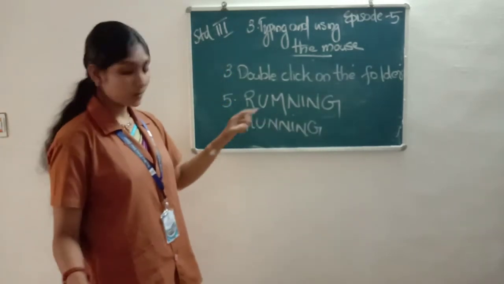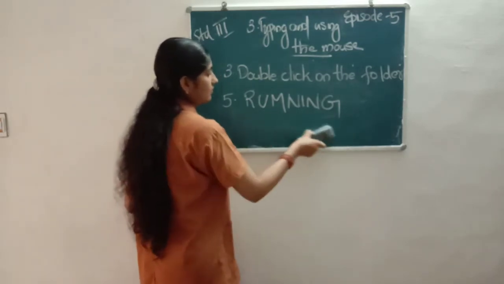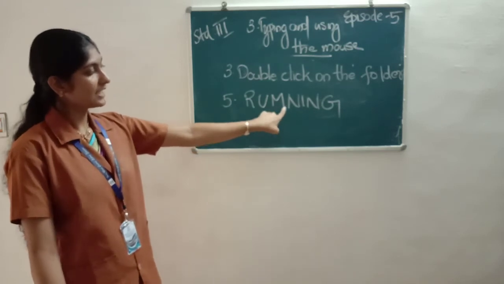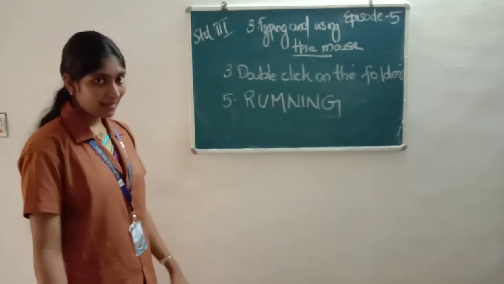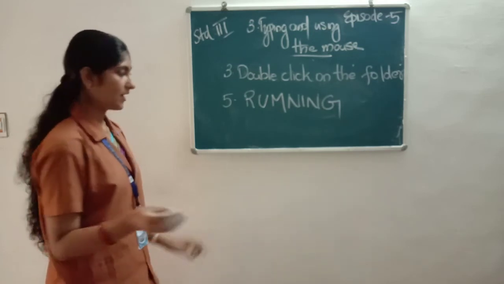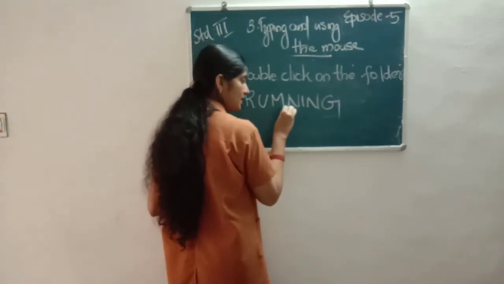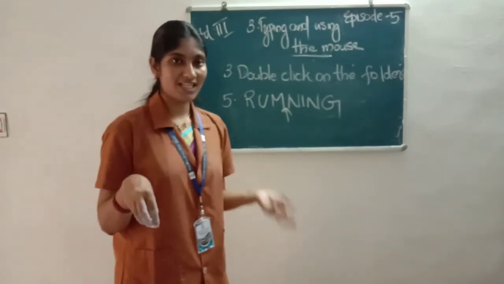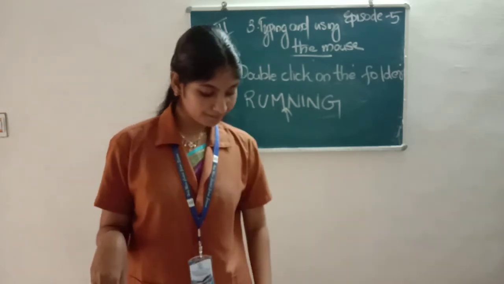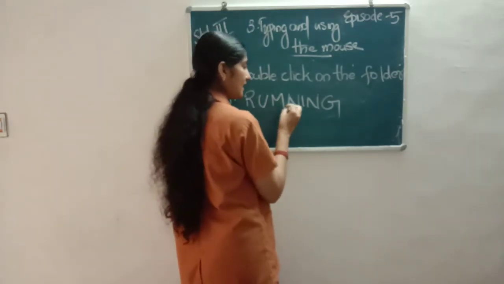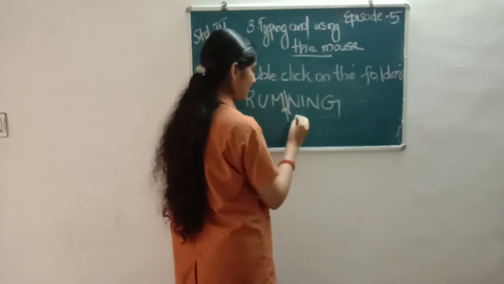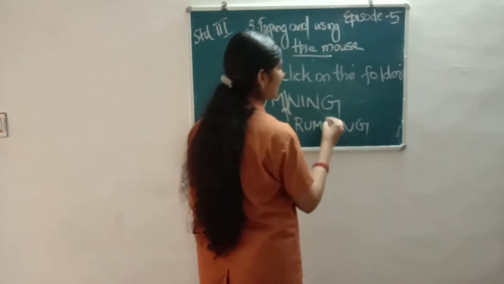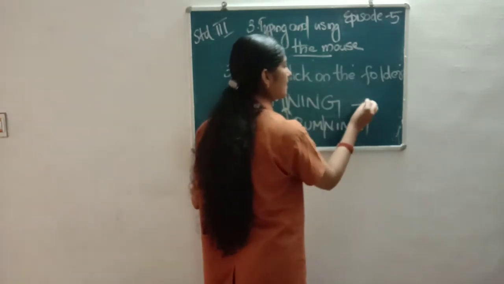So, if you want to correct the word, you can delete the letter M and add the letter N, right? First of all, you have to delete the letter M and then type the letter N. How to do it? If the cursor is here, just press the backspace key.